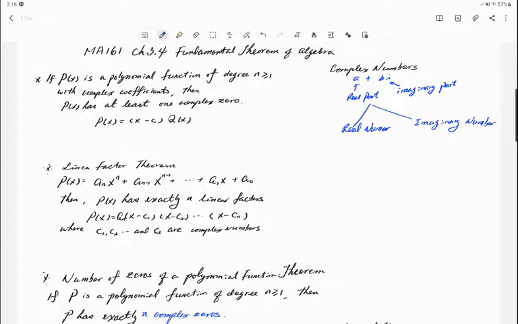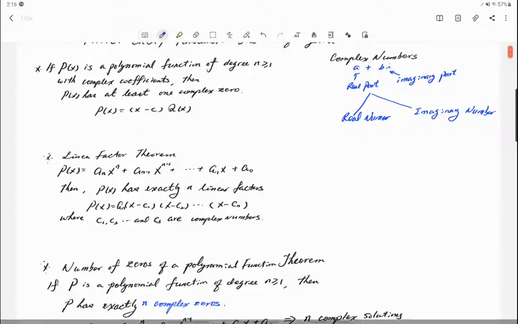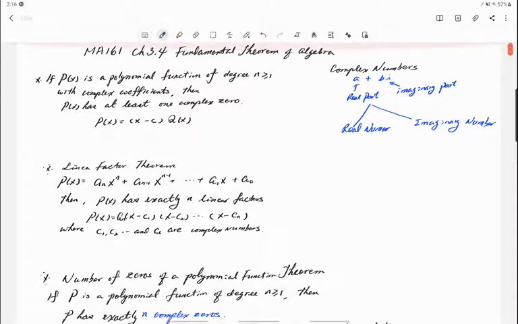So if a polynomial function contains complex coefficients, for example, like 1 plus 3i, so if there is an i, then there is at least one complex zero, or it can be a real number as well.